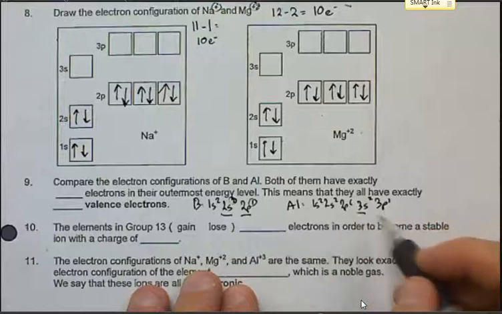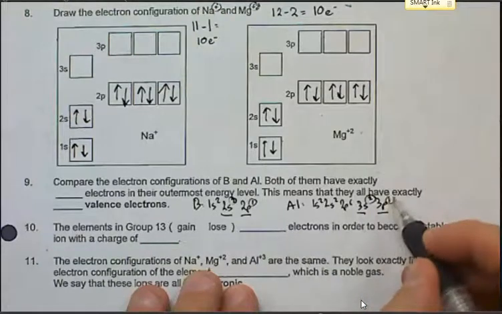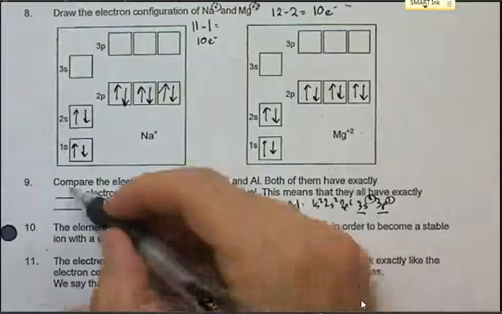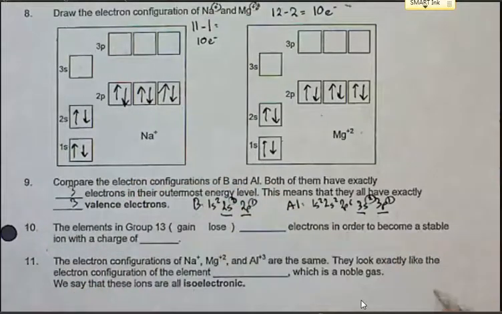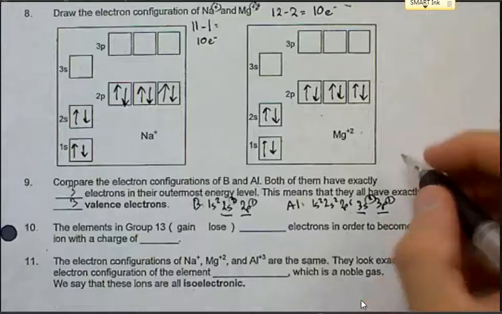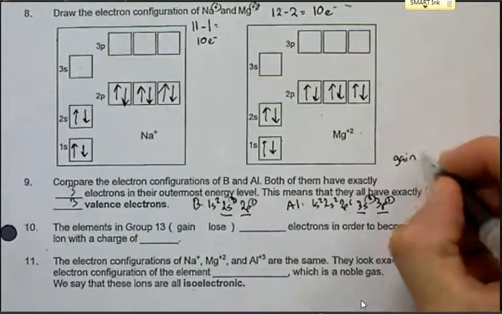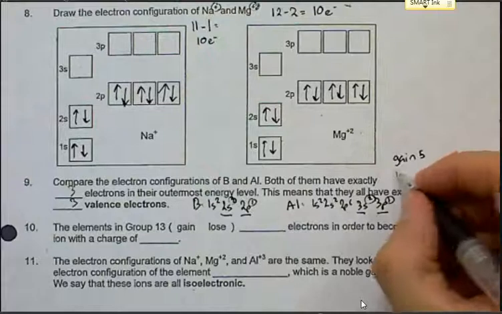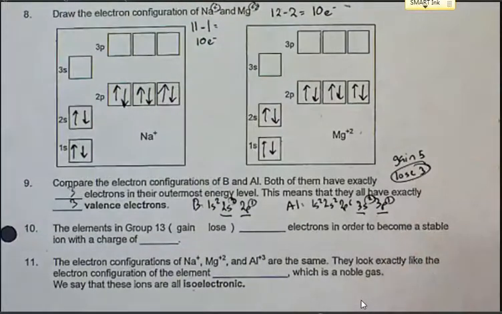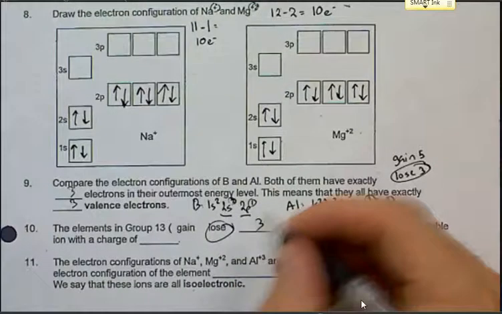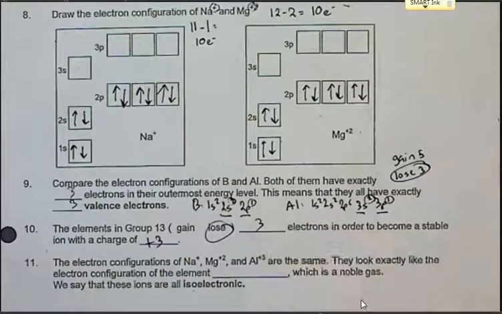Aluminum, third energy level, 3s2, 3p1, a total of 3 electrons. Okay, 3 valence electrons. So once again, they can either gain 5 to have 8, or they can lose the 3 that they have. It's a lot easier to lose 3. So they're going to end up having a charge of plus 3.